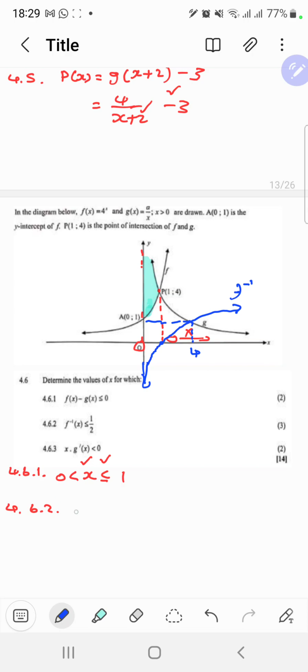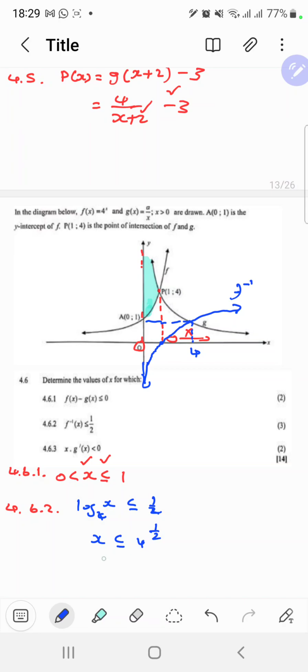So let's look at that. The inverse here is log of x to the base 4 less than or equal to a half. Then when we convert to exponents, x must be less than or equal to 4 to the exponent a half.